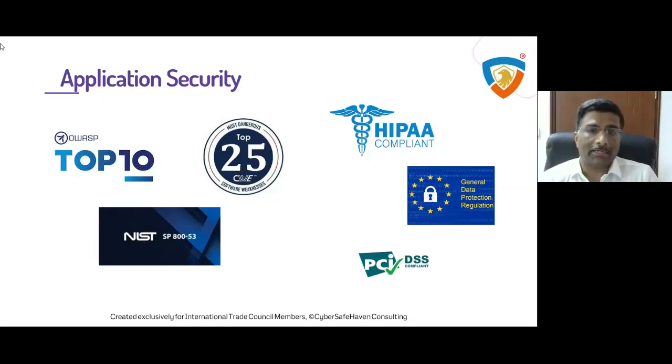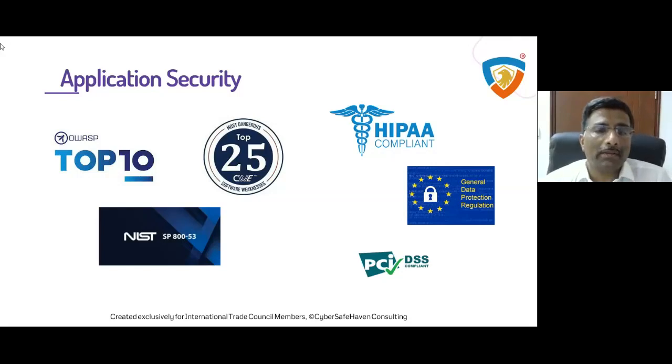Similarly, there are other standards. There's something called SANS, and they have their top 25 CWE. You could do that. And there is also a NIST standard called SP 800-53, but this standard is a little bit more stringent and difficult to implement for smaller organizations.